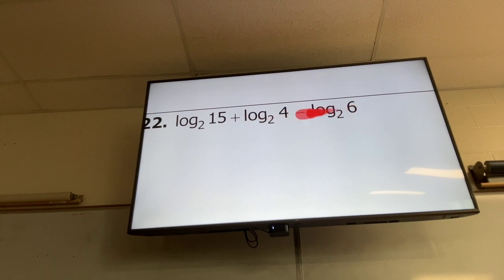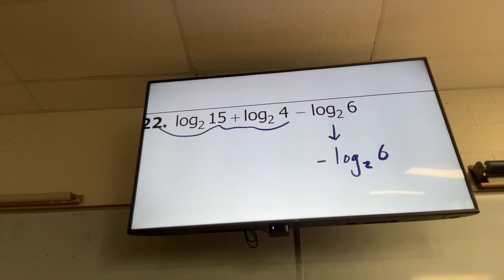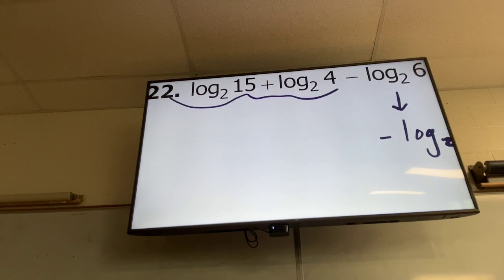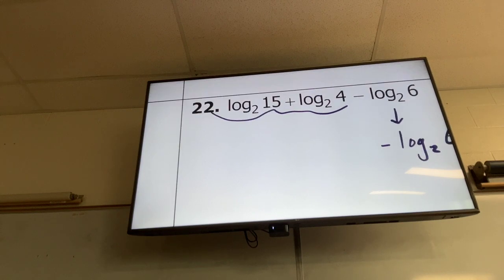So just go in order, it doesn't really matter. Let's combine the first 2 first and just ignore the third one. Just copy down the third one. What are these first 2 going to combine to? They're separated by an addition symbol, so what are we going to do with what's inside them?